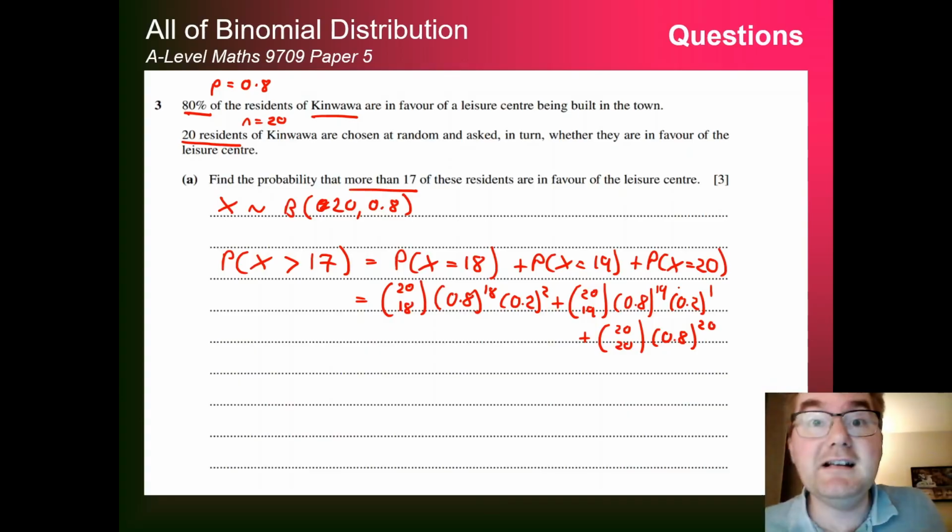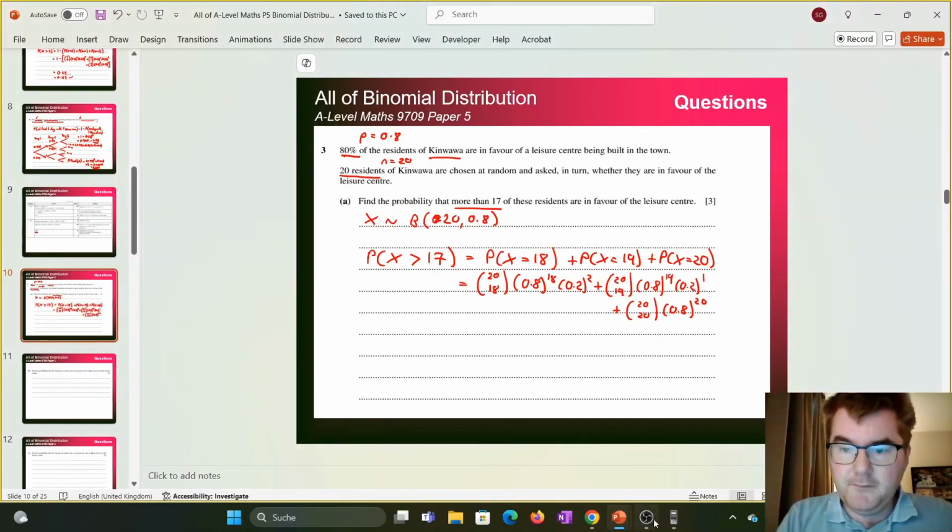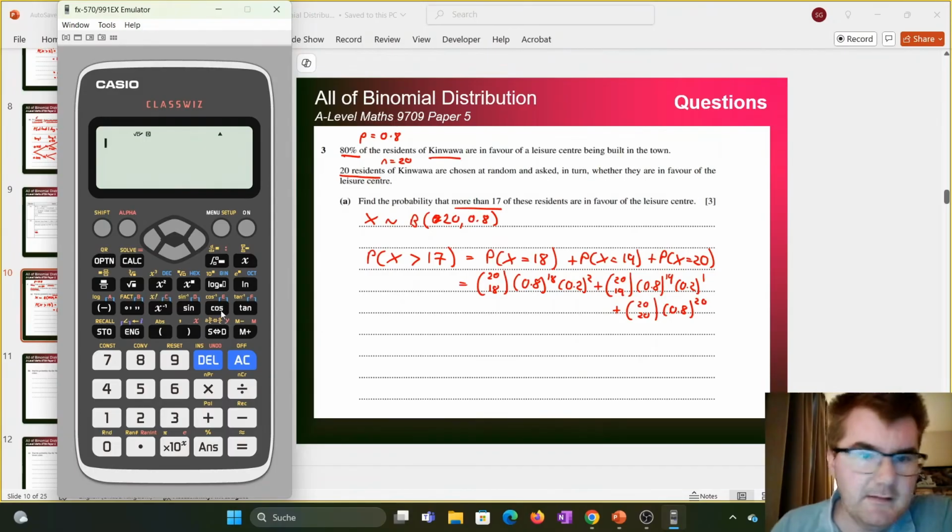So let's go to my calculator and work this out. So we have 20 choose 18 times 0.8 to the power of 18 times 0.2 squared. Key thing with this is just be patient, work your way through. If you want to, you can skip the video or you can keep me company as I pop this in.